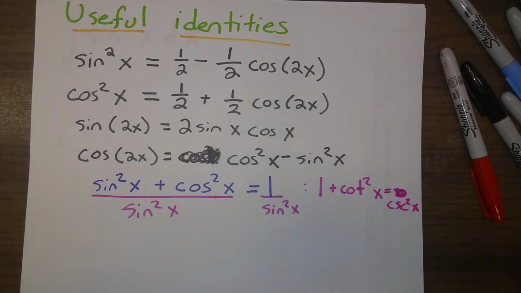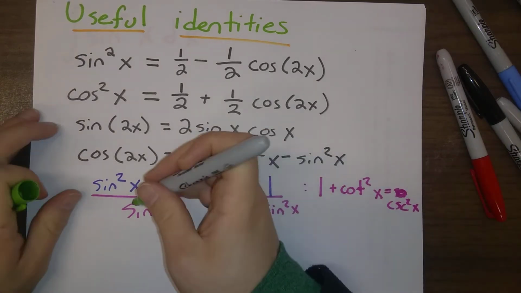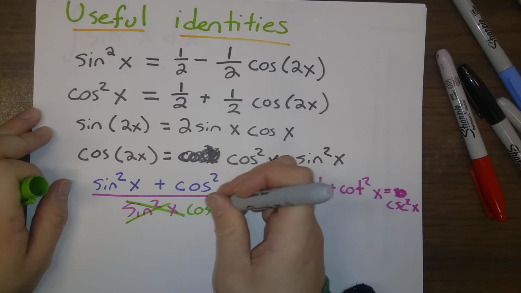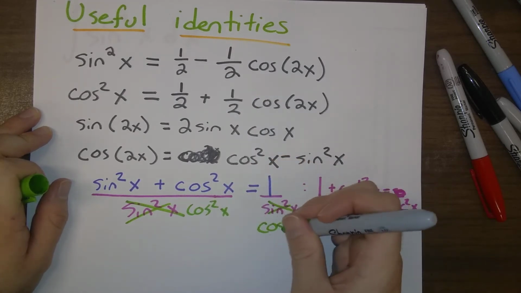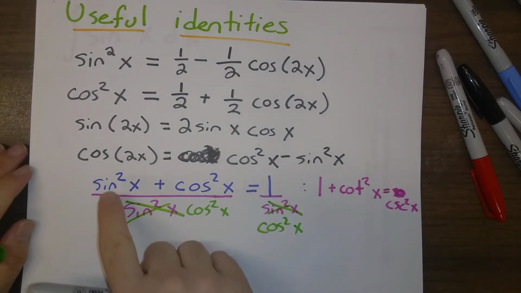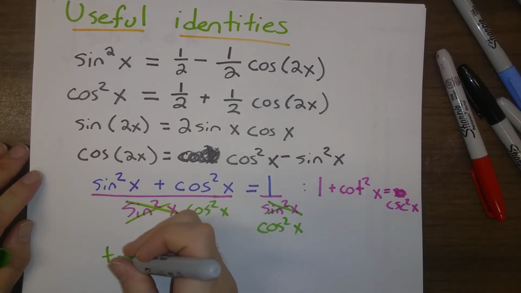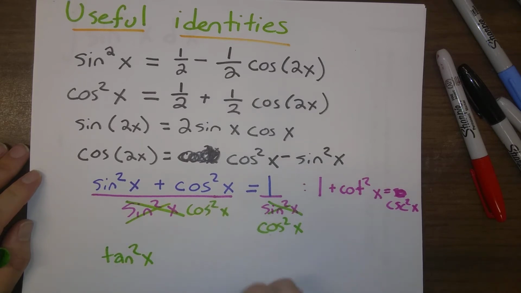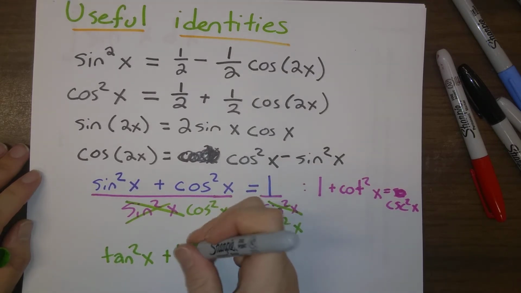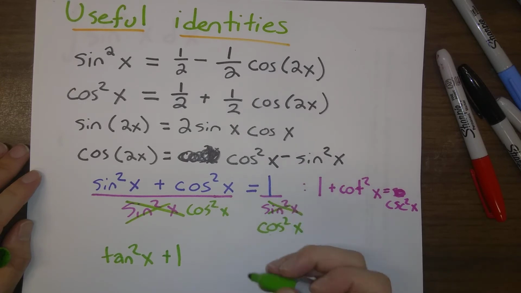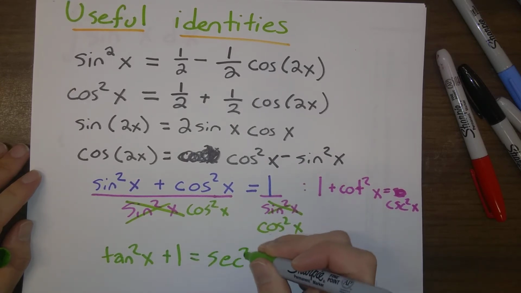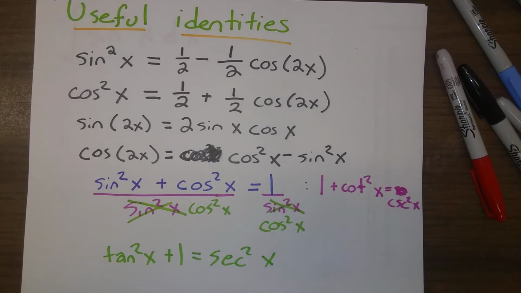And instead of dividing by sine squared x, if we choose to divide by cosine squared x, we get the final of the identities. So sine squared divided by cosine squared is tangent squared. Cosine squared divided by cosine squared is 1, and 1 divided by cosine squared is secant squared x. So the identities on this page we'll be using all the time throughout this section.